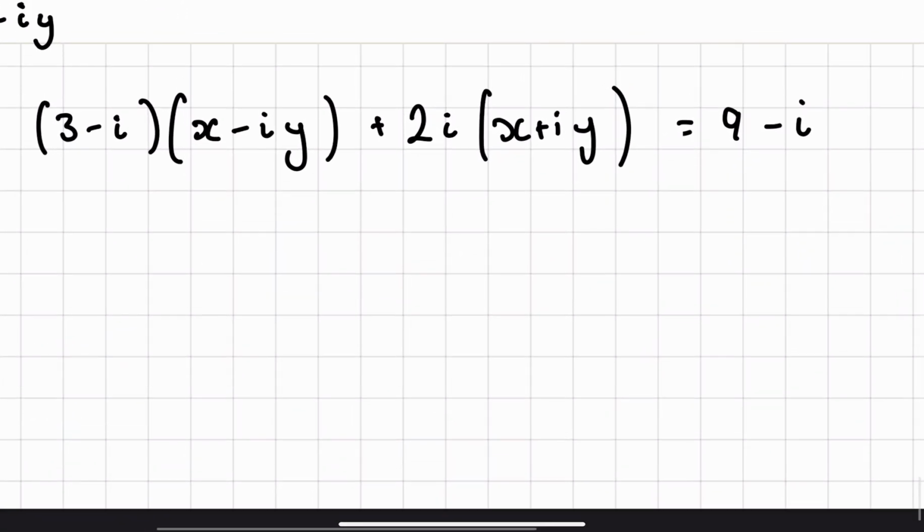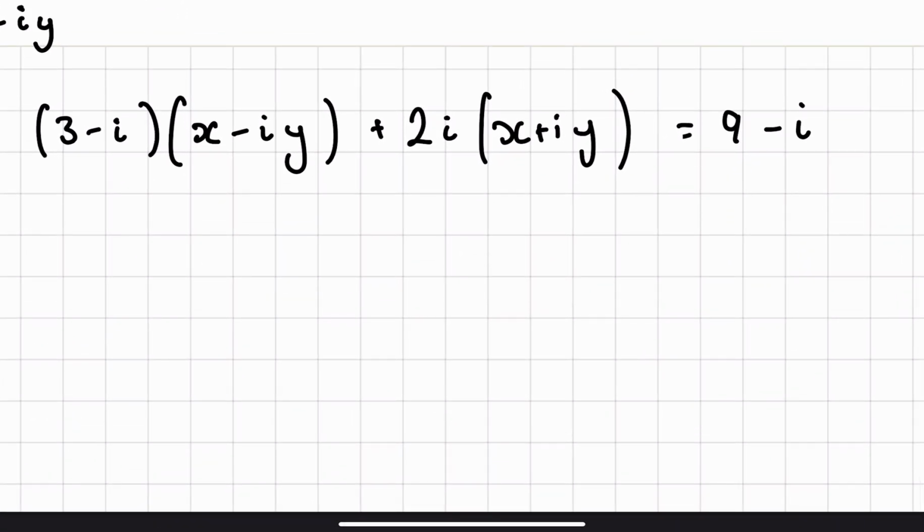Okay, so I'm going to multiply out these brackets, and I'm going to get the following: 3x minus 3iy minus ix, and then I'm going to get minus i times minus iy. That'll leave me with positive i squared y.